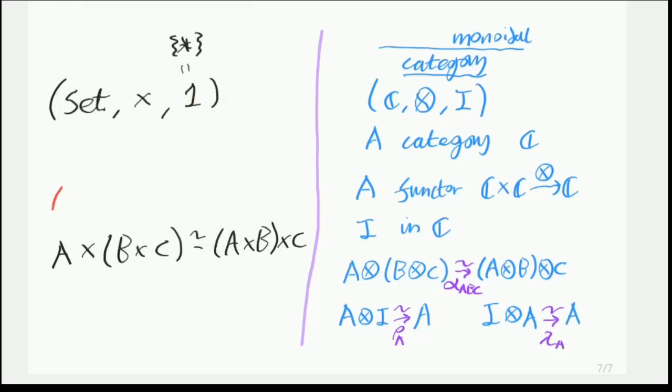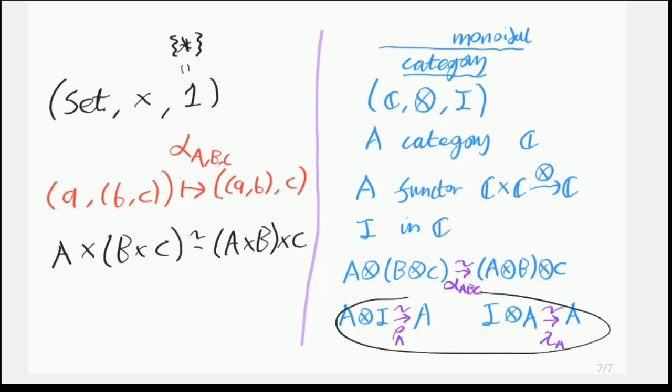And this isomorphism is really just changing the way that we're bracketing the elements of this triple. So we'd be changing ((a, b), c) to (a, (b, c)). And so this is telling us how our associator natural isomorphism is working.